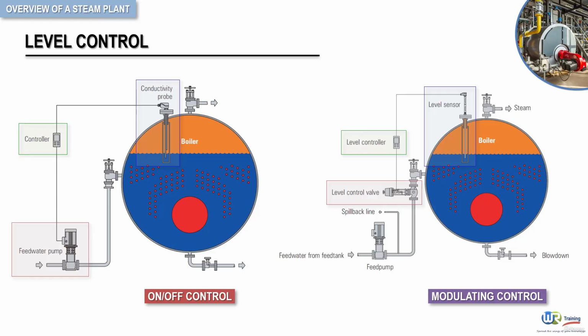The probe will incorporate levels at which the pump is switched on and off, and at which low or high level alarms are activated. A typical example is now shown on screen for the purpose of illustration.